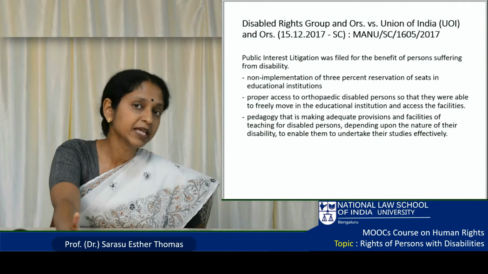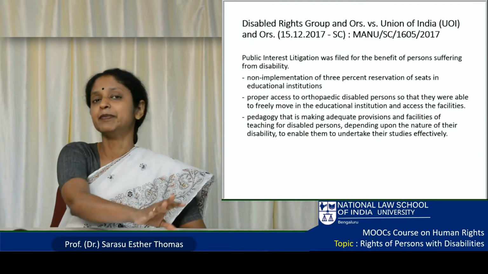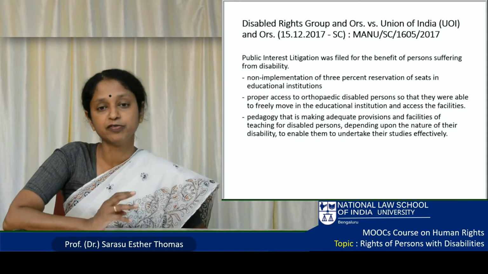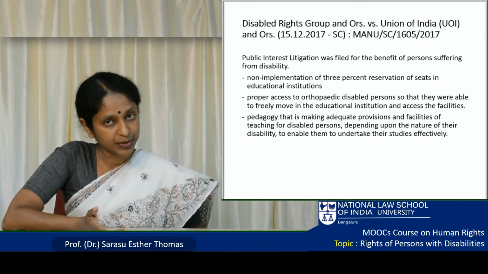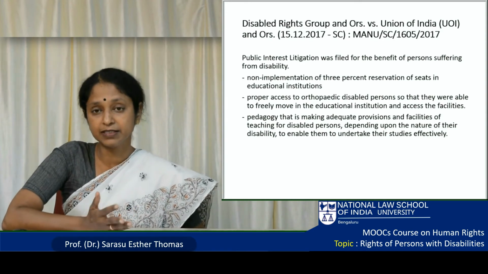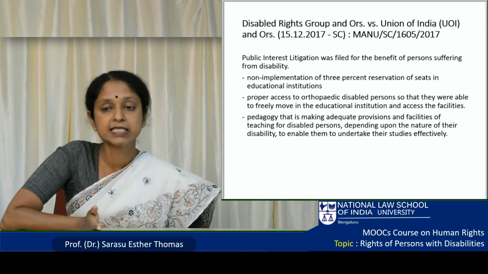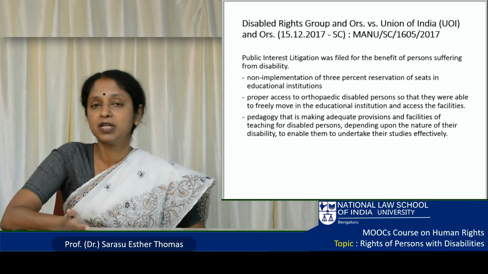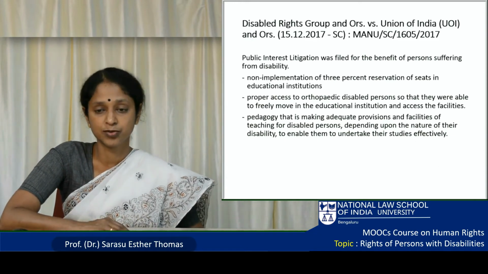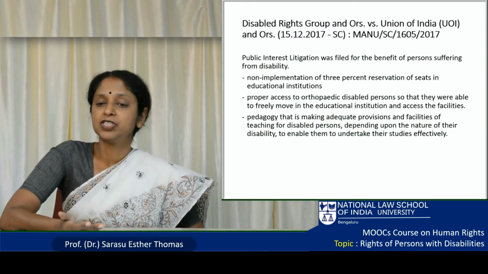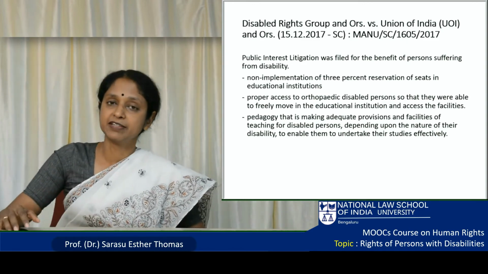So we see that there have been a series of public interest litigations just focusing on the implementation of the law. This is one of them, which was concerned with non-implementation of the 3%, the earlier 3% reservation of seats in educational institutions, access to persons to move about and access facilities adequately in educational institutions, teaching methodology and tools in order to ensure effective learning.